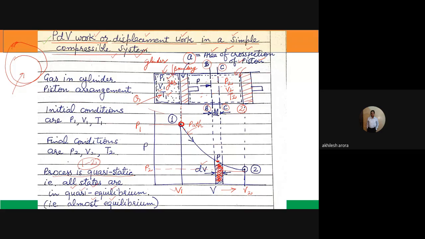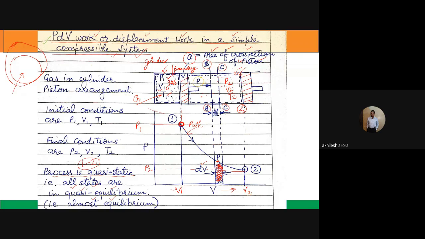Now what I am trying to say is that at the position BB, the pressure exerted by the gas is P. Okay.